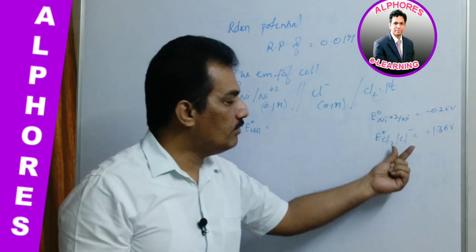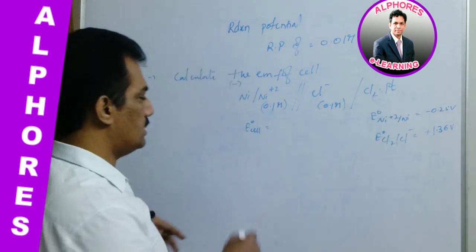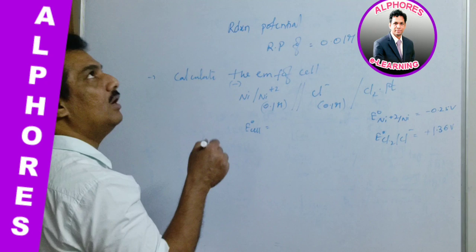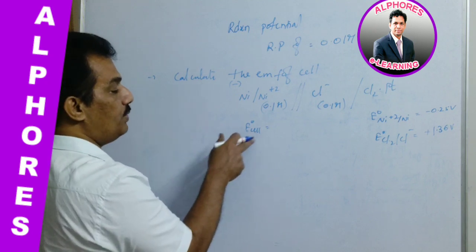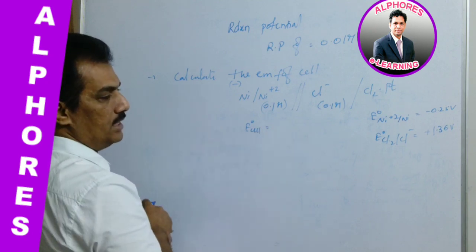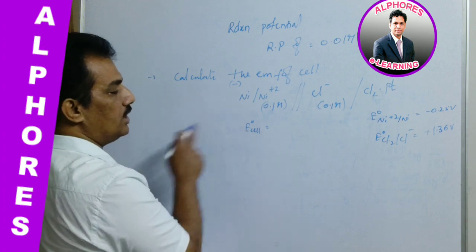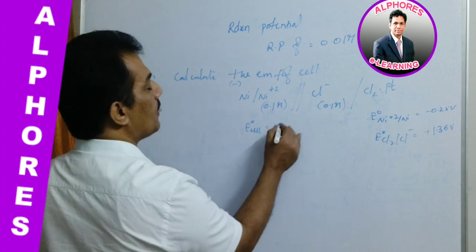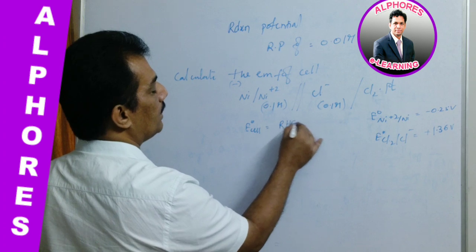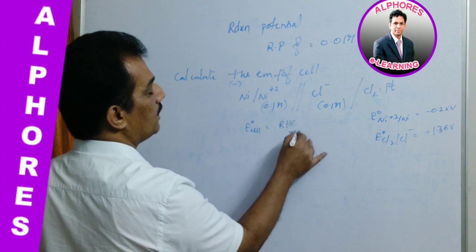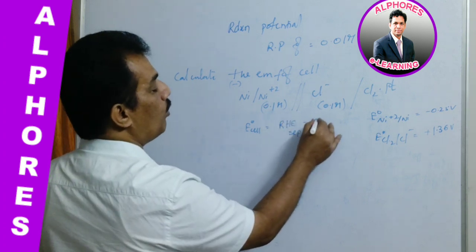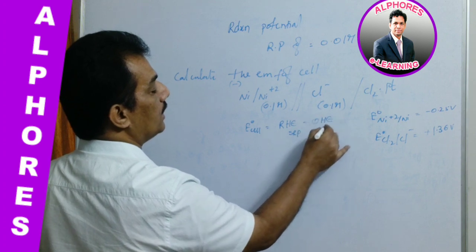But here both are given as reduction potentials. In such a case, recall the IUPAC convention to measure the standard potential of the cell: it is RHE SRP minus OHE SRP.